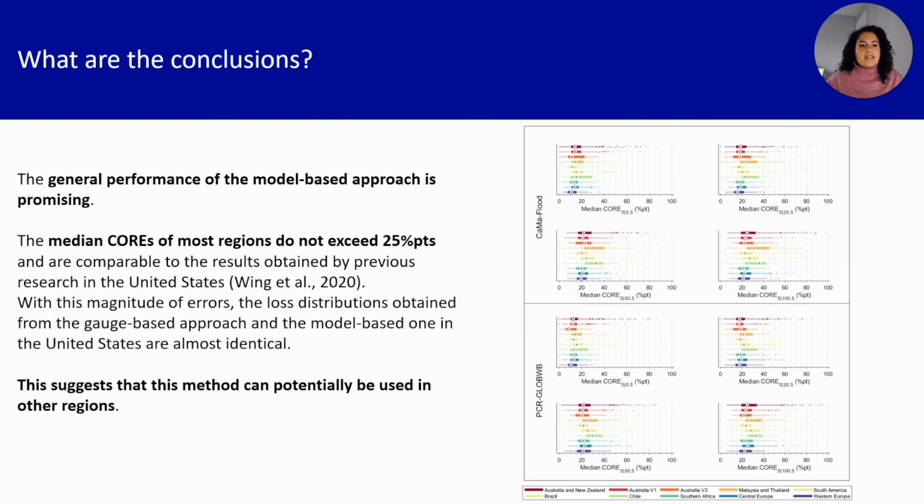In the United States, the loss distributions obtained with the two methods were almost identical with this magnitude of errors. And the fact that the errors in these areas are similar in value suggests that this method could be used elsewhere, even if we have not calculated the losses in all of these areas.